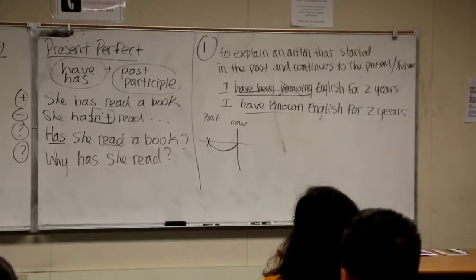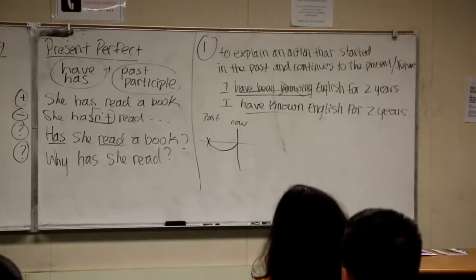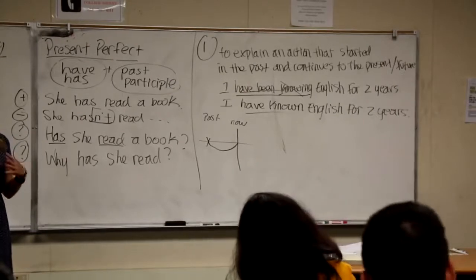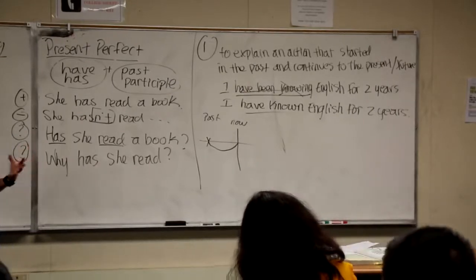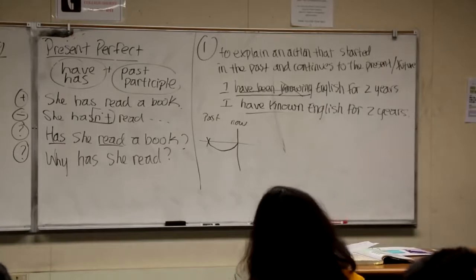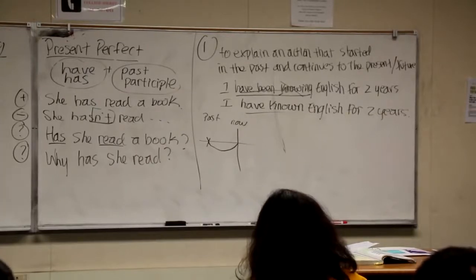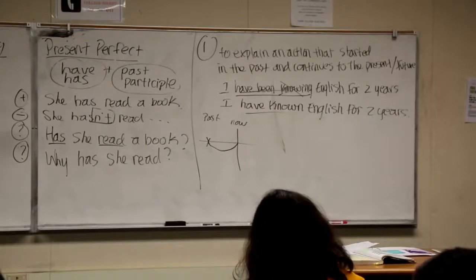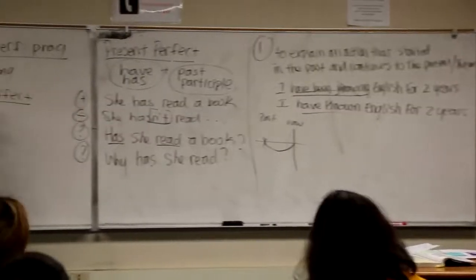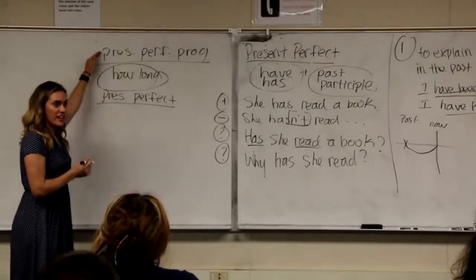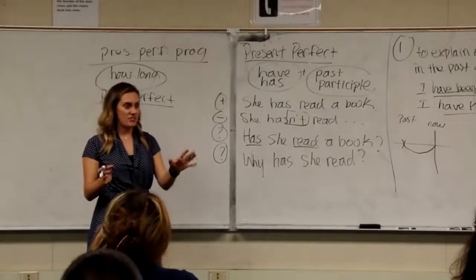This always tells you how long, right? So if you're focusing on the time, 2 years, 1 month, 2 days, 4 semesters, then use the present perfect progressive. If you're not focusing on how long, there's a different use for the present perfect.